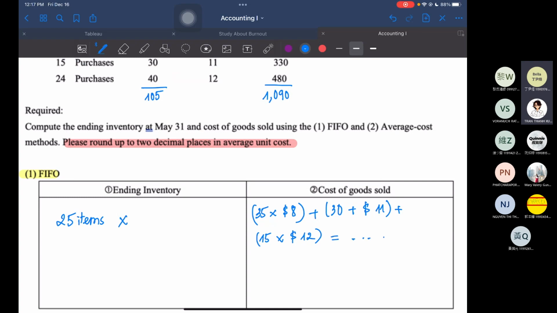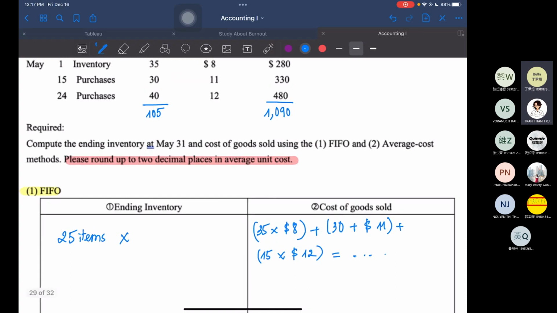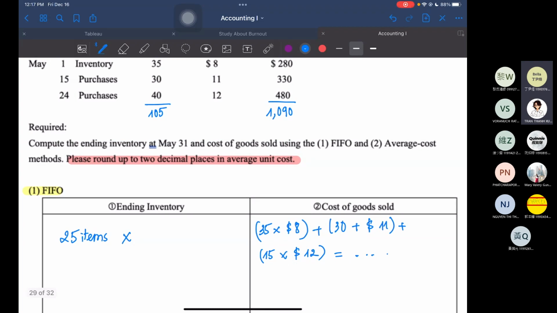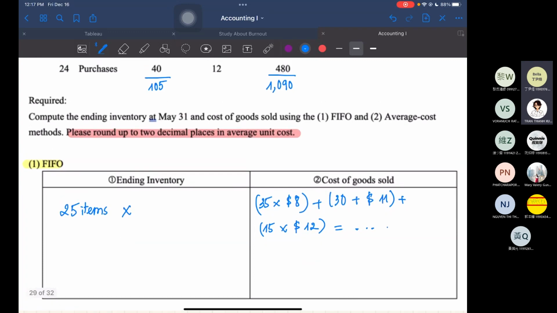Okay, someone give me the number of this calculation. $180. How come 180 for the total calculation? This one.